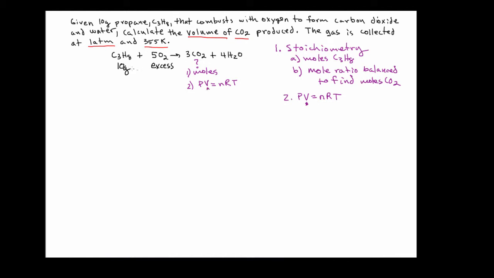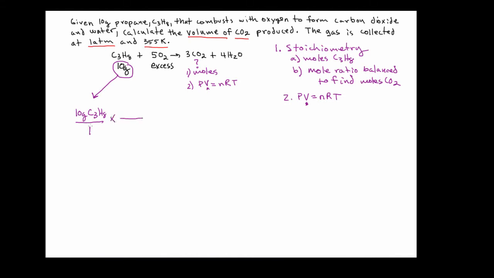Okay, so I think this is a pretty straightforward problem. What we're going to do first is take the 10 grams of propane and pull it down. We rewrite it, careful to keep our labels in here. We want to use good habits and the unit multiplier method to carry the process out.